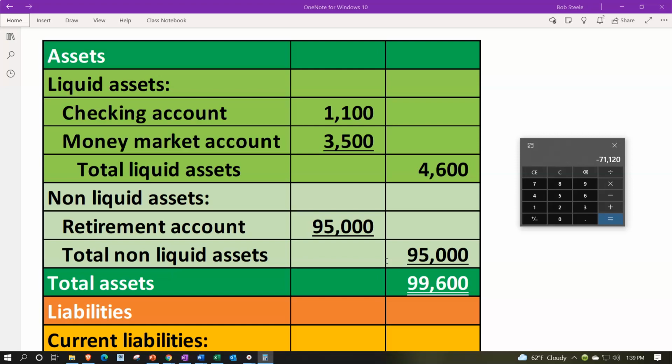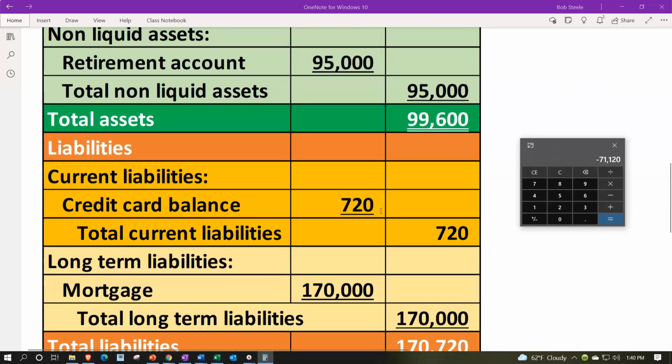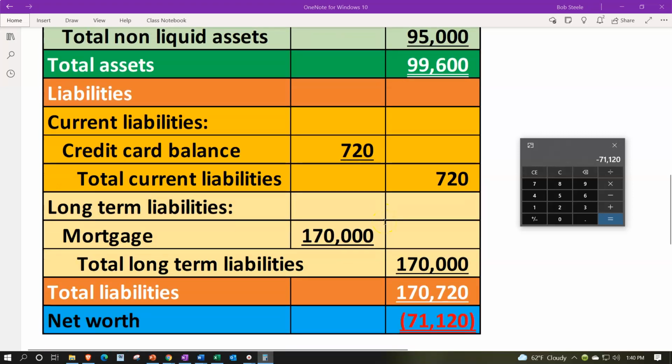Meaning if you use software that connects to your financial institutions, that pulls in the ending balance, they're going to have the ending balance for things like your checking account, your money market, your retirement, which is basically a financial institution, most likely for stocks and bonds, credit card statements, and your mortgage. They're not going to have your home balance on there because that's not something that can be judged by the financial institution as easily, right?